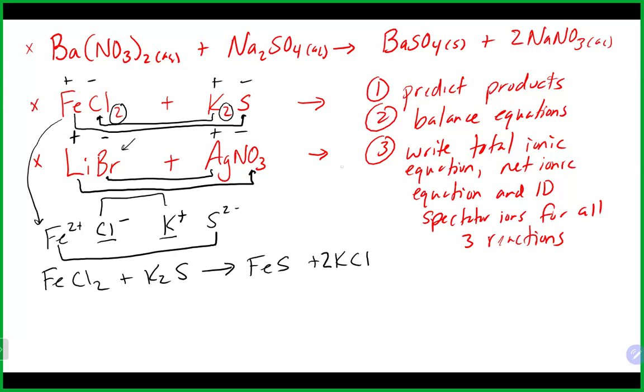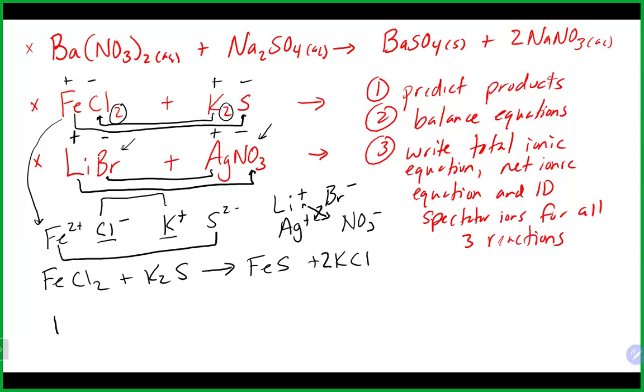So the basic unit of this guy here is lithium, that's group 1 +1. Bromine, which is group 7 -1. The basic units of this guy is silver, which has a fixed positive charge of +1, and nitrate, which is -1.